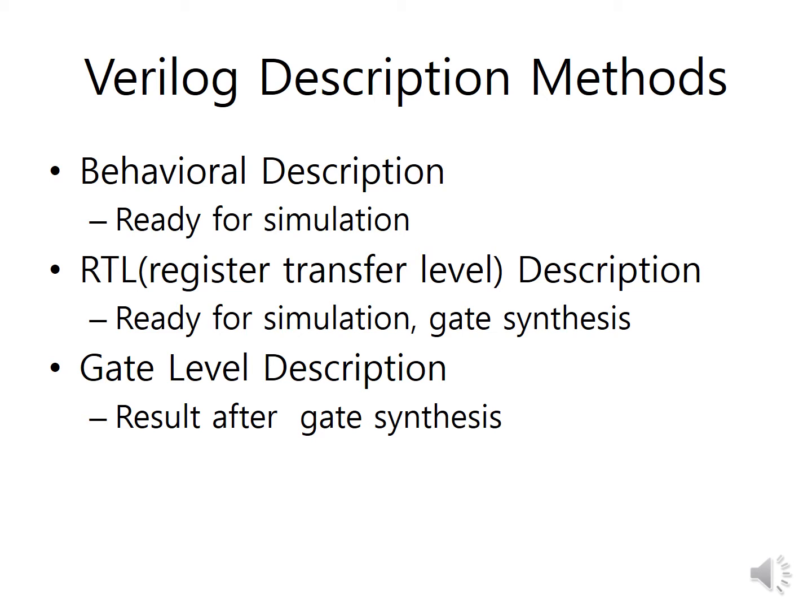So it would be difficult for someone who has only worked with C language or MATLAB or something like that. You must understand how hardware digital circuits work to understand the RTL and gate level description.